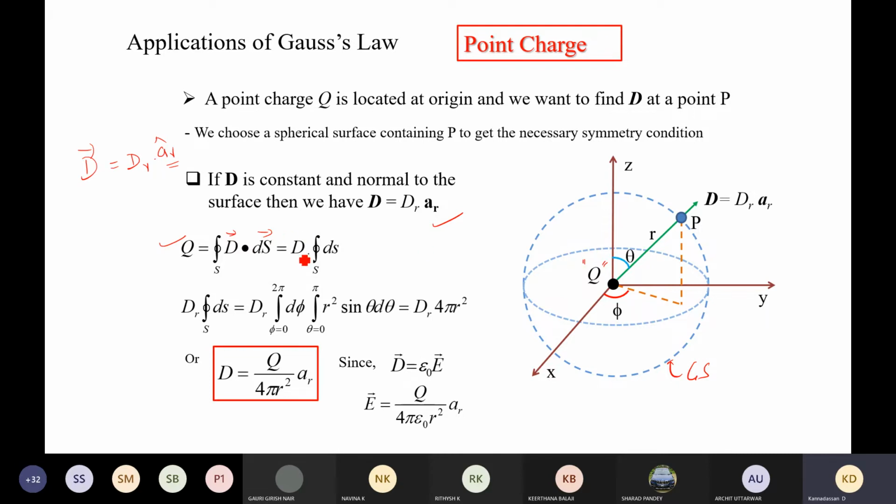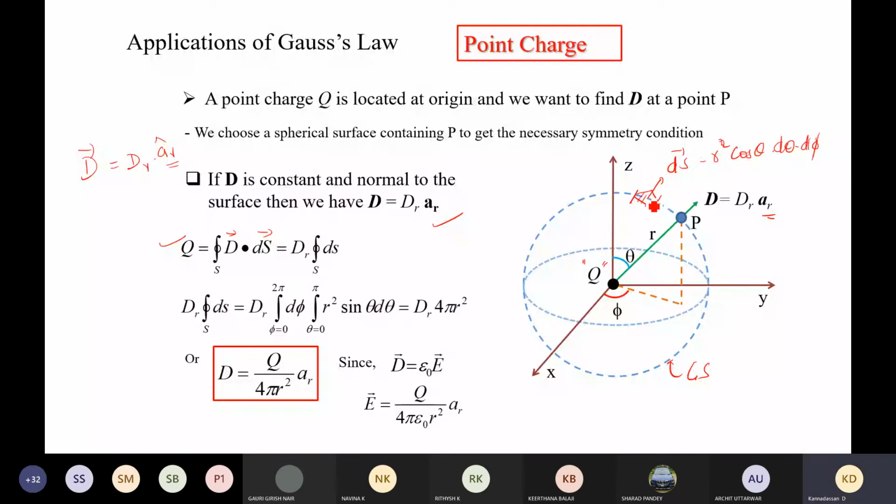So this d is taken outside, and this d vector, which is ER vector, and the small surface ds vector is going to be r square cos theta d theta d phi.